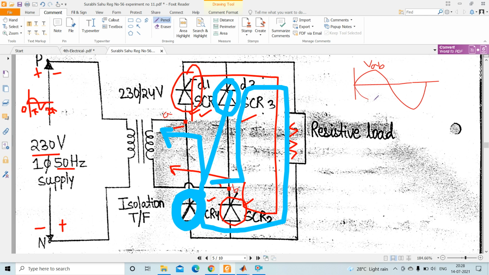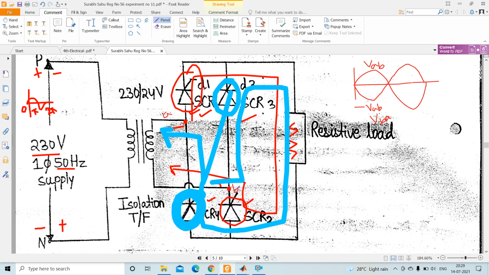At the same time there is another envelope, so when this is VAB, this is minus VAB, or you can write VBA.